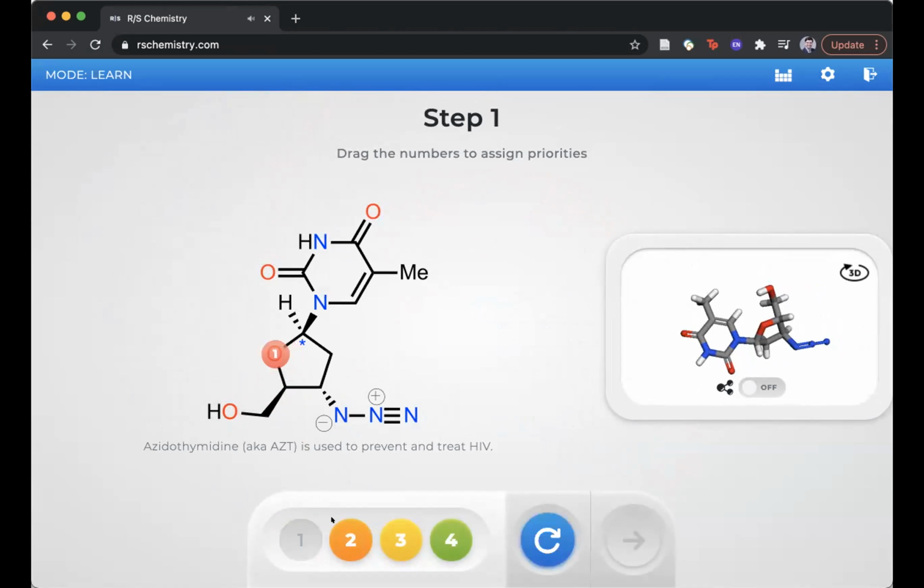The number 2 priority is the nitrogen because it has the next highest atomic weight. We know that number 4 is the hydrogen because it has 1, and carbon must be 3. So even though this molecule looks very complicated, we were still able to assign the priorities pretty easily.